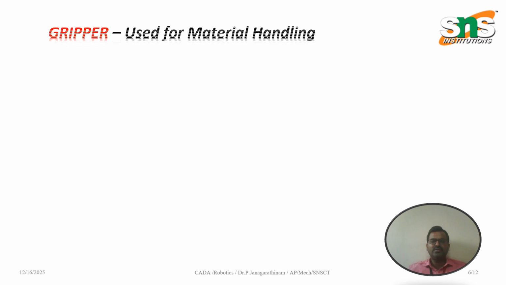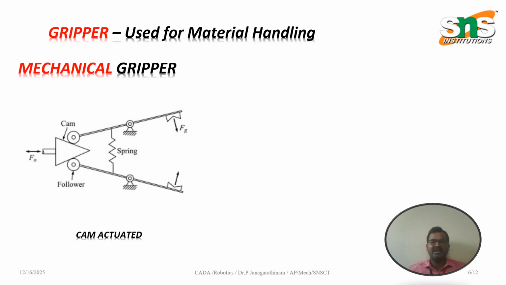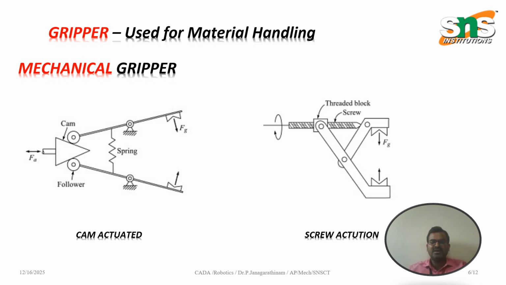Next are the mechanical grippers. Instead of the cam and follower mechanism used to hold the workpiece, first we discussed the linkages, and second, rack and pinion. And for mechanical grippers we can use the cam actuator. The next one is the screw actuation system.